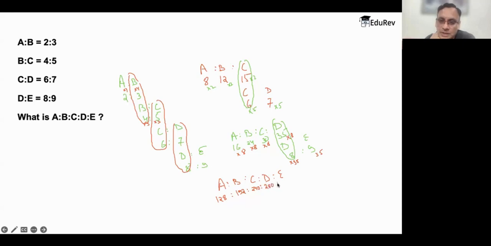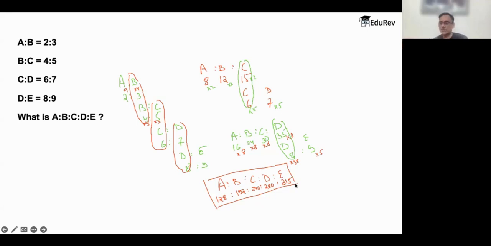And how much is 9 into 35? 350 minus 35, 315. So this becomes your answer. A, B, C, D, E. The ratio is 128 is to 192 is to 240 is to 280 is to 315.